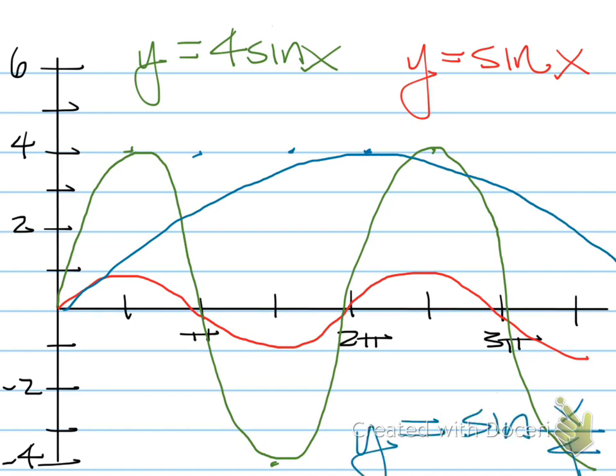And it's going to be stretched horizontally by a factor of 4 because we are multiplying our variable by 1/4. So again, that's going to stretch it by a factor of 4. So where the maximum was initially at pi over 2, that position is now located at 2 pi.